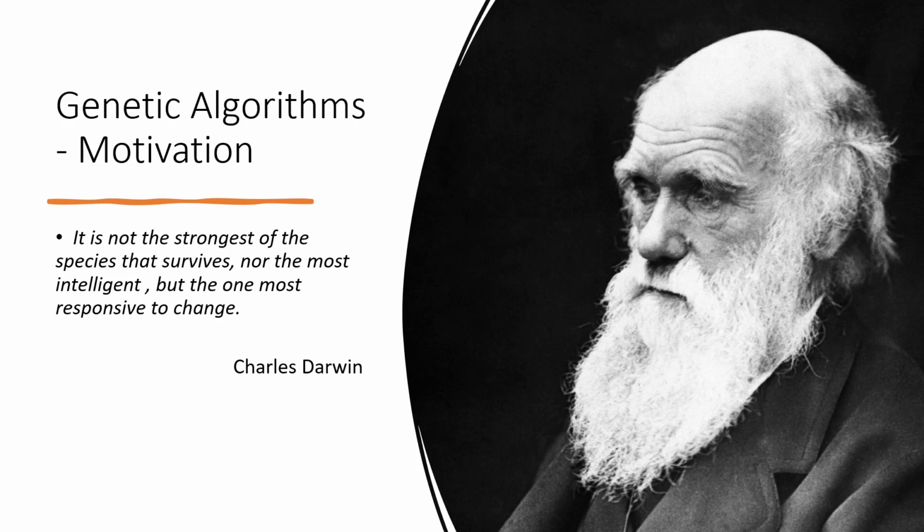It's not the strongest of the species that survives, nor the most intelligent, but the one most responsive to change. Okay, that's basically the idea behind genetic algorithms. We are not behind the strongest species, or the most intelligent species, but the species that's most responsive to change.